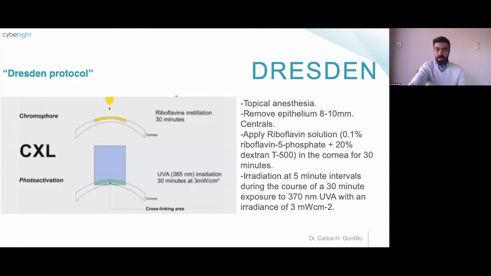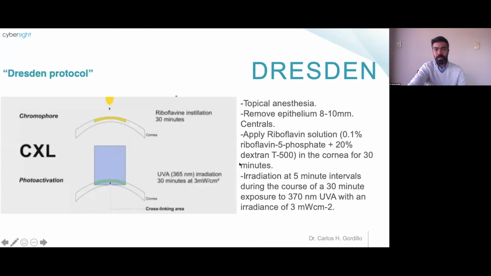What about the Dresden protocol I was telling you before? They proposed this because, well, in 2003, we only had this 30 minute machine. But the idea is to take out the epithelium. As you can see here in the graphic, the epithelium they used to remove was in the center, just in the ectatic area.